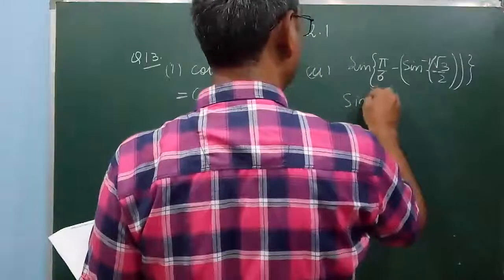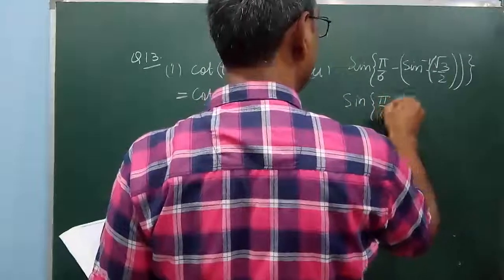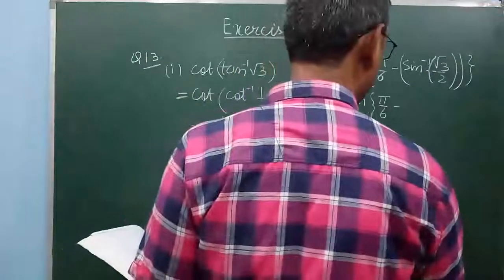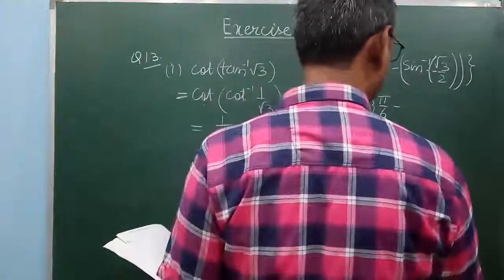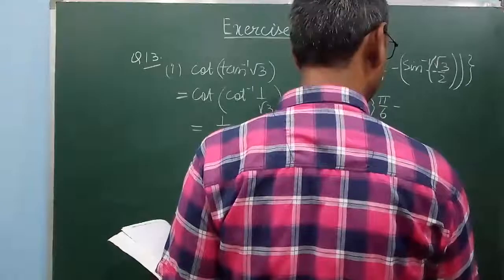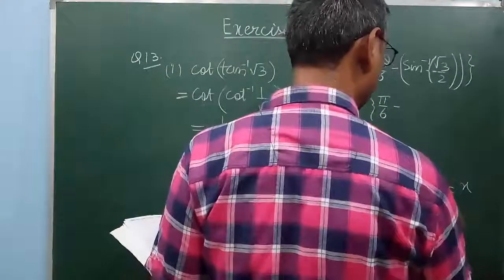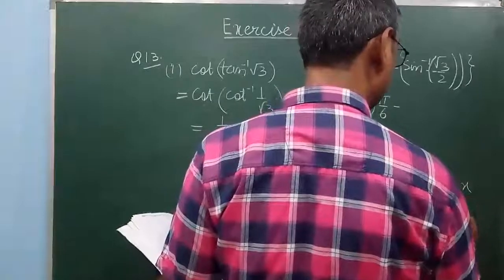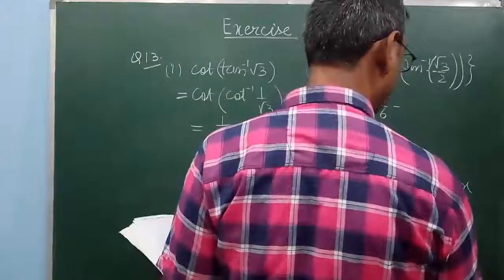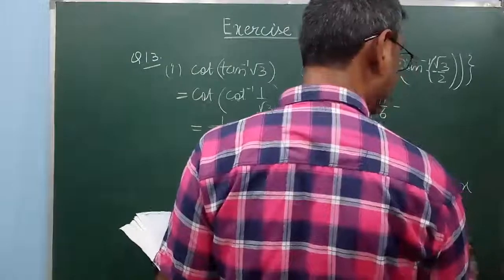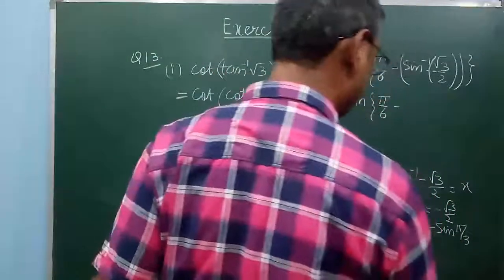So sin pi by 6 minus. Now sin inverse, we can find the value. Sin inverse minus root 3 by 2 equal to say x. So sin x equal to minus root 3 by 2 is equal to minus sin pi by 3. At sin 60 we are having this one.